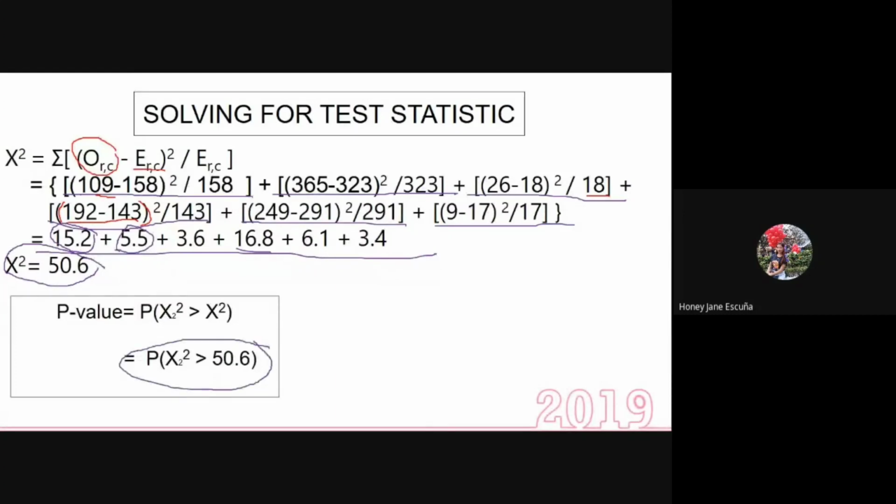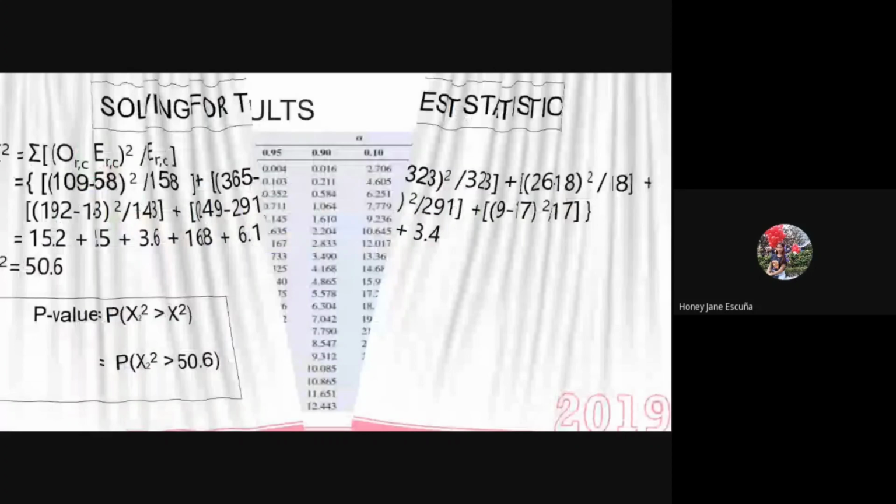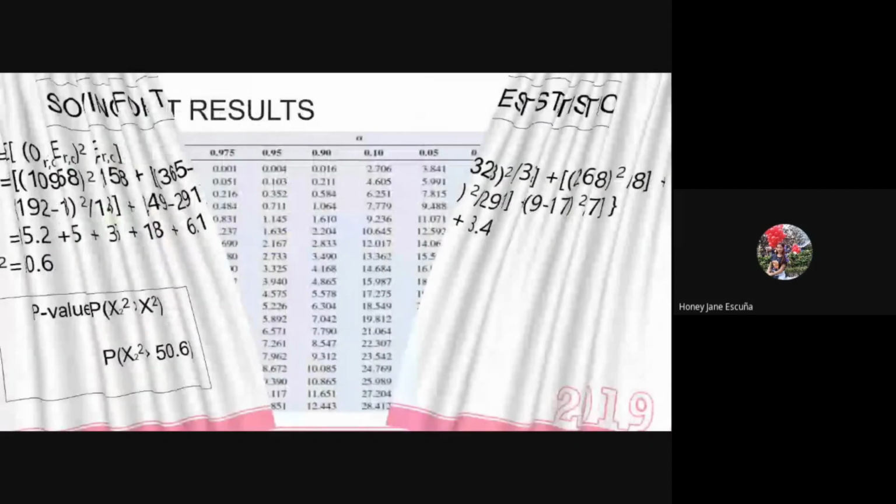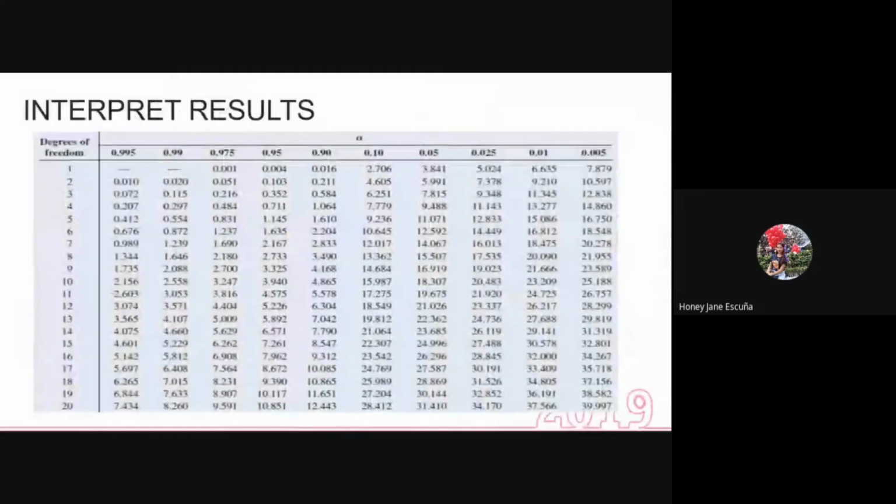In our table, I am going to locate our 50.6 with the corresponding degrees of freedom, which is what we obtained earlier. Our degrees of freedom is 2, so we look for where 50.6 is.